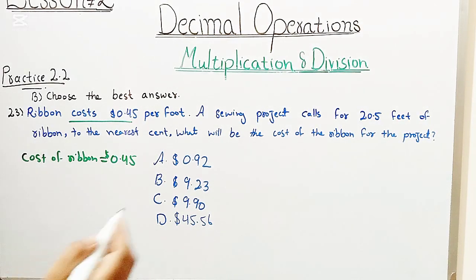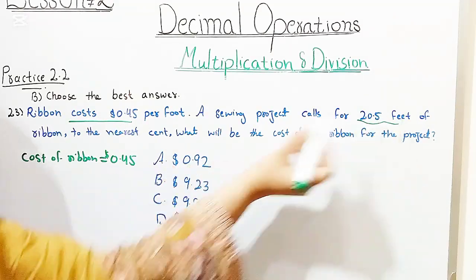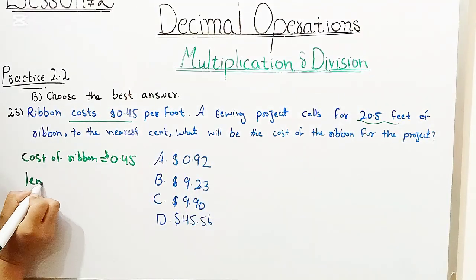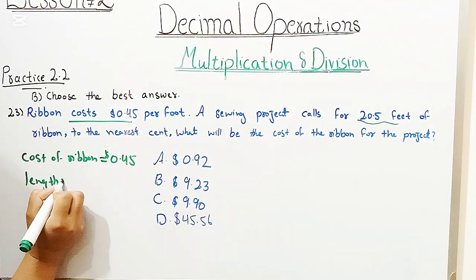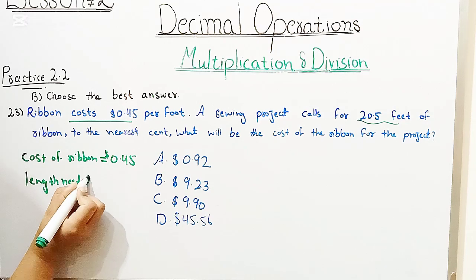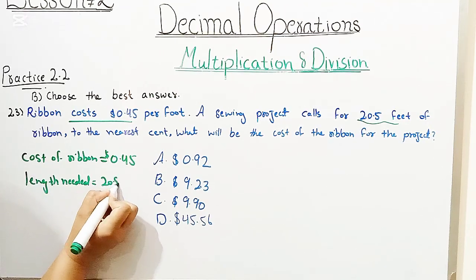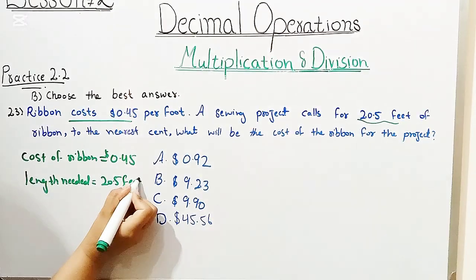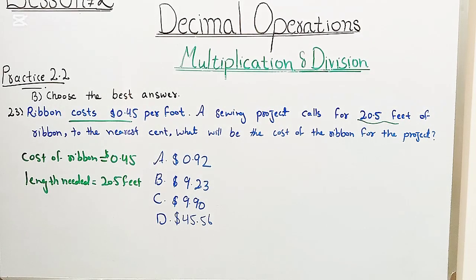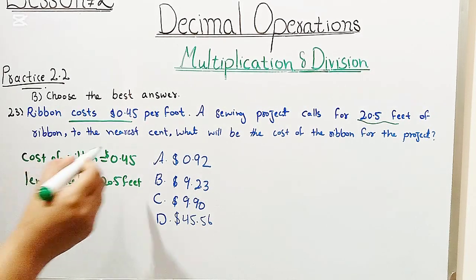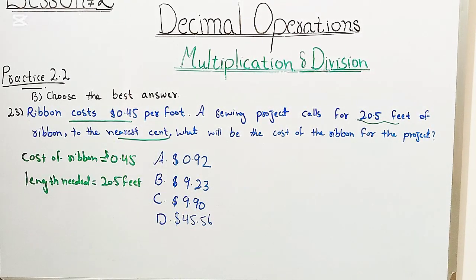A sewing project calls for 20.5 feet. Length needed: 20.5 feet. To the nearest cent means we need it up to the cent. What will be the cost of the ribbon for the project? So we multiply the cost per foot by the number of feet.